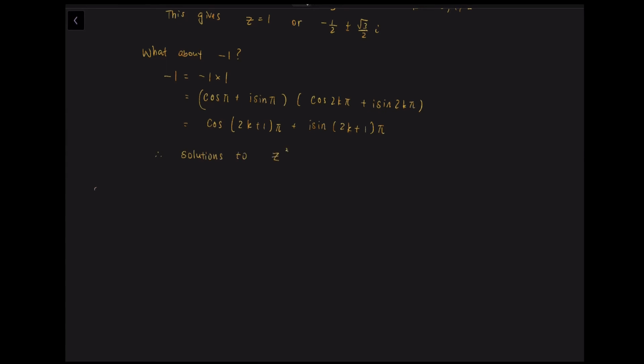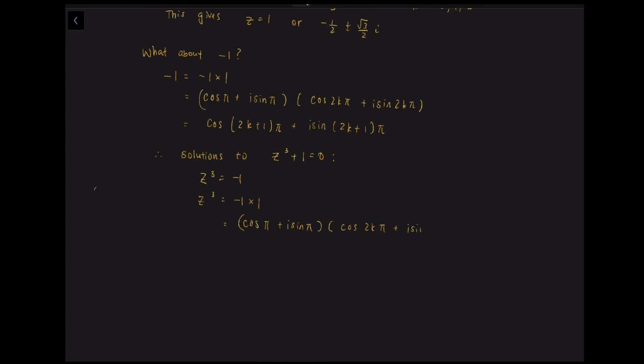So we have z cubed plus 1 equals 0, and then moving plus 1 to the other side, we have z cubed equals negative 1. And z cubed also equals negative 1 times 1, which is cos pi plus i sine pi times cos 2k pi plus i sine 2k pi.